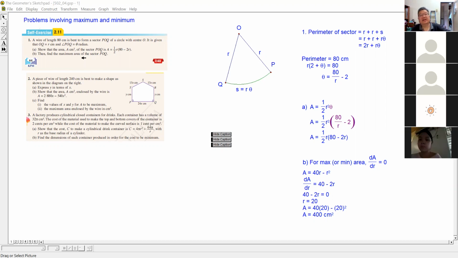In this question, they don't say prove that the area is maximum, so you just assume that it is maximum. Substitute r into the equation here and find out what the area is.